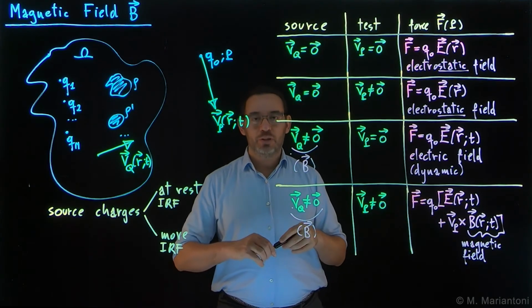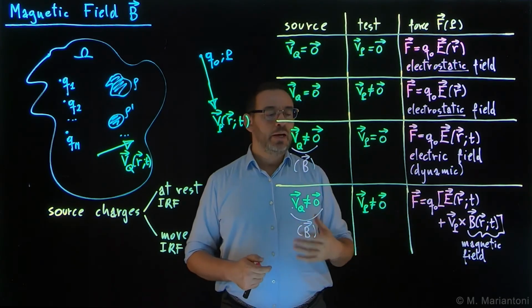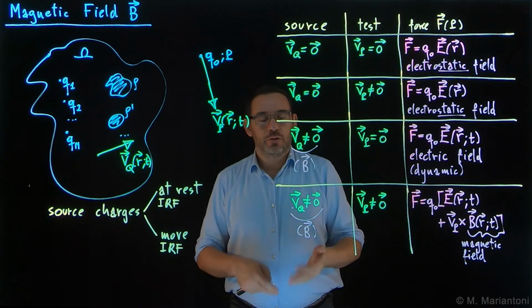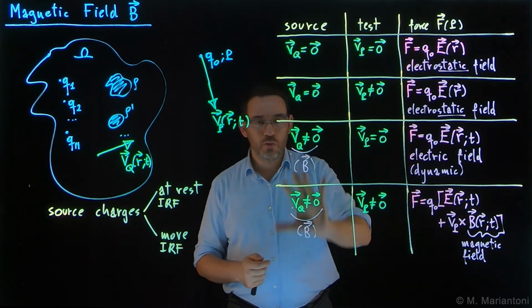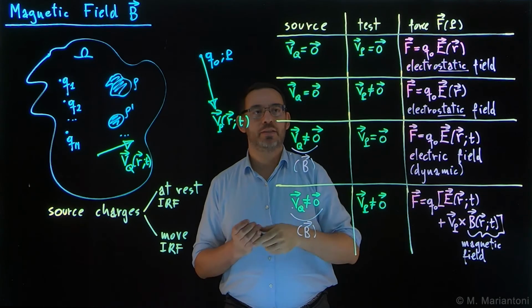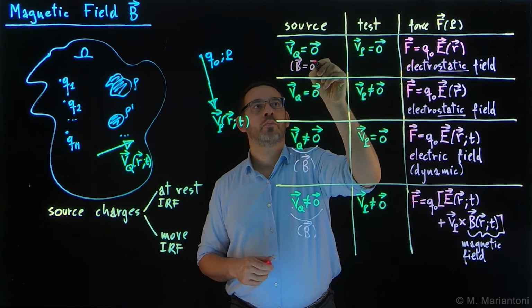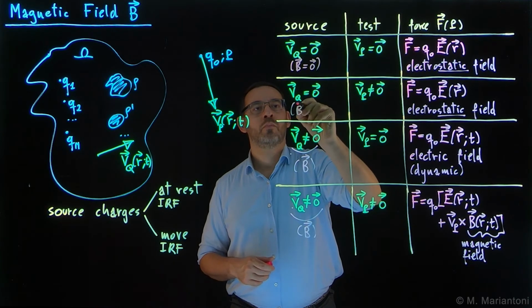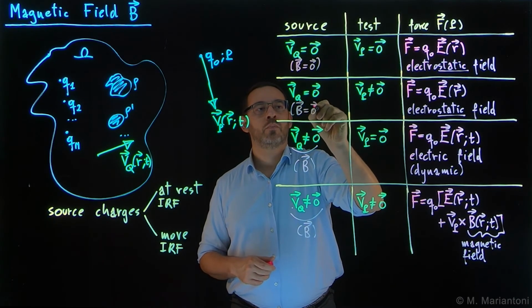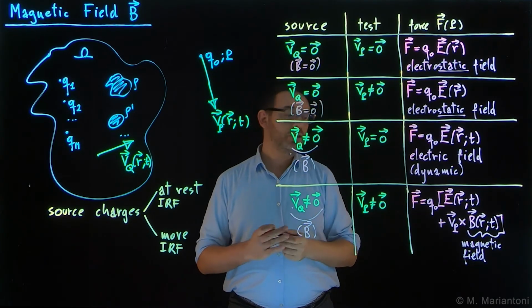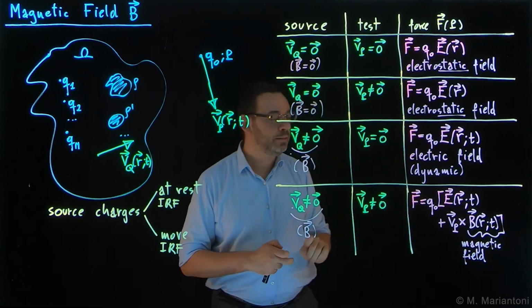So in order to see a full effect of the magnetic field, I need to generate it, and in order to generate it, I need moving particles. Here B is equal to 0 in all these cases. So I need these moving particles, but I also need a moving test particle to detect it, okay?